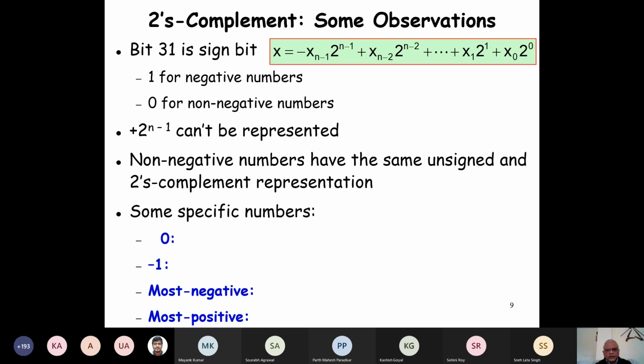Now let's have some observations on this 2's complement. One observation is that, as we already said, if the MSB is 1, it is a negative number.